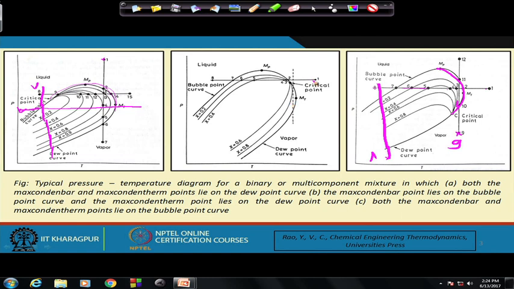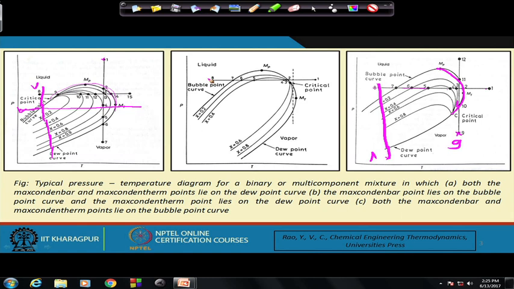For example, in this case, if you start cooling the vapor from state 1, what do you find? If you continue the cooling, it first touches the dew point curve, the proportion of liquid increases, and then after a while the horizontal line starts going from lower quality to higher quality lines, and finally the vapor is reformed here.